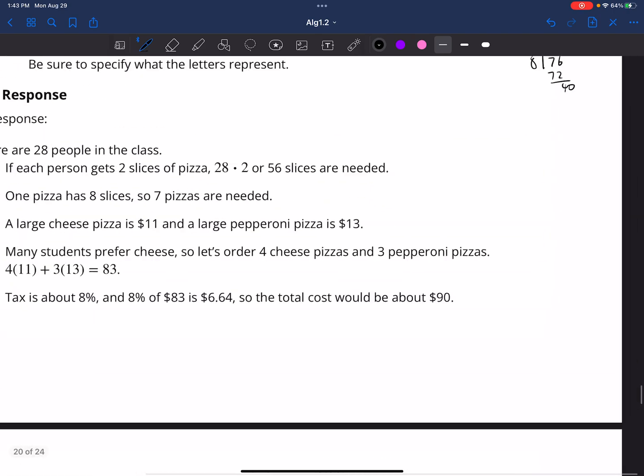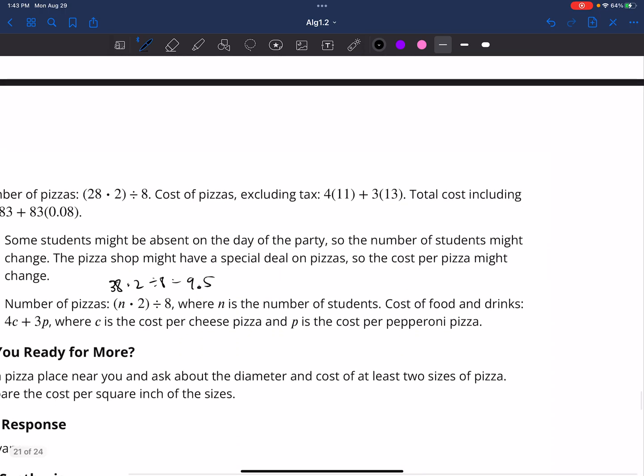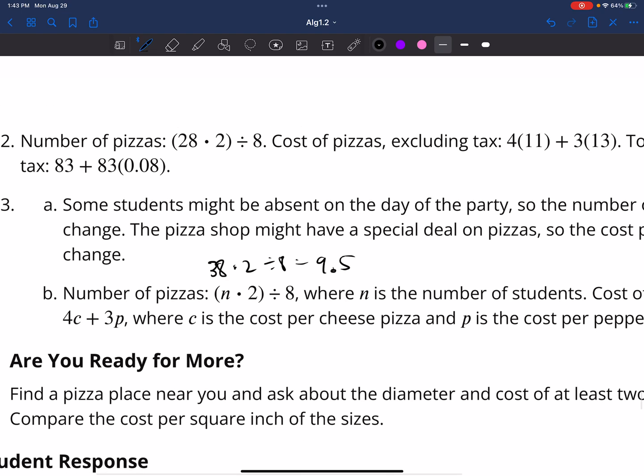And that matches the 9.5 we got up here, because 38 times 2 is 76, and 76 divided by 8 is 9.5. So that's that for this expression. And for this one, C represents cheese and P represents pepperoni.